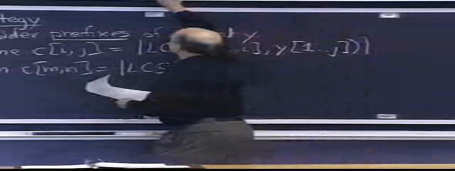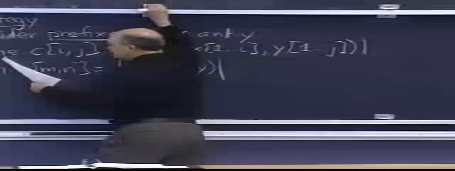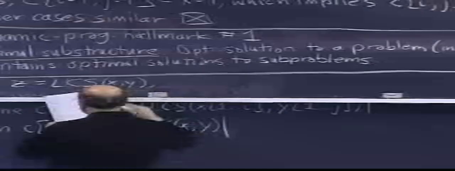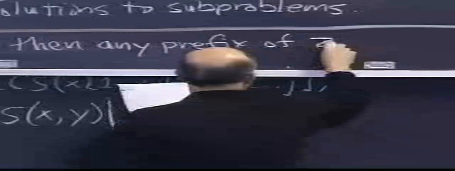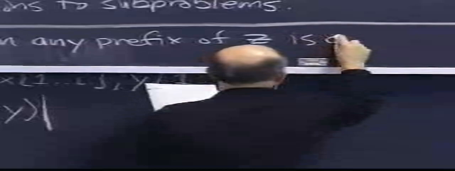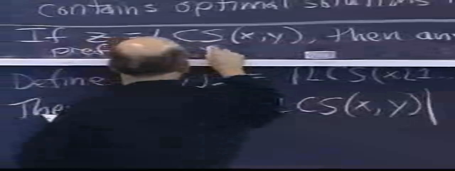Let me just restate that. If Z is a longest common subsequence of X and Y, in fact one can show something stronger, which I'll write here: any prefix of Z is an LCS of a prefix of X and a prefix of Y. So I take any prefix of Z, not just the one that's one off, and the reason is I can just do this inductively.